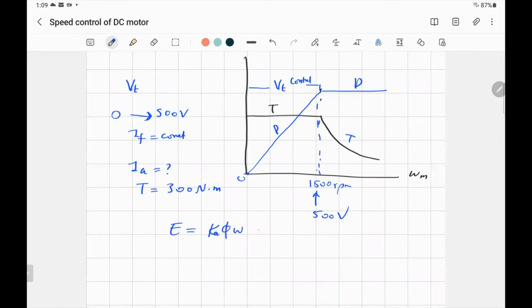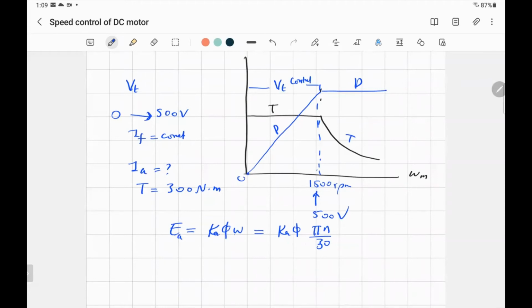If you don't have omega, you can replace it by n, so omega is equal to pi n over 30. From this equation, if you know the back EMF E and you know the speed, you can get the constant Ka phi.